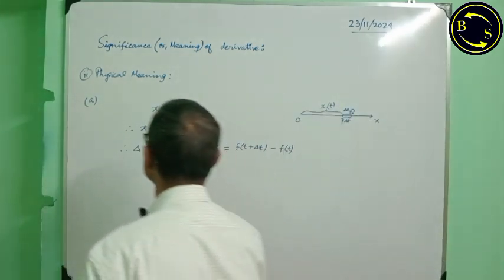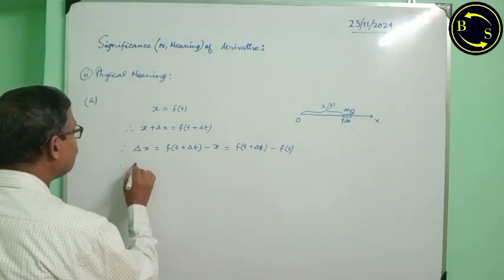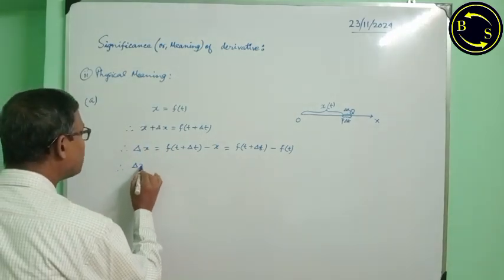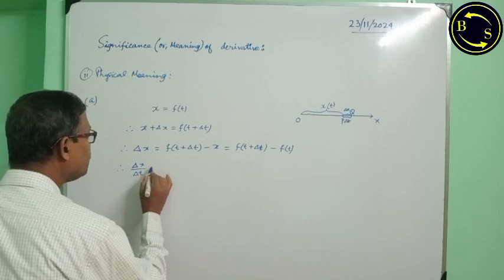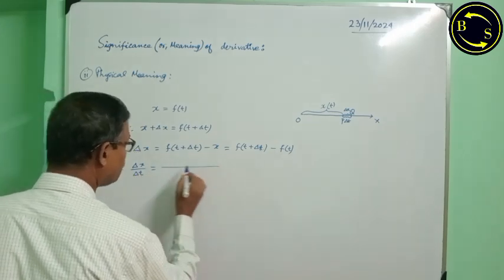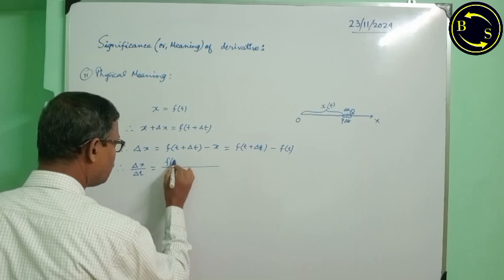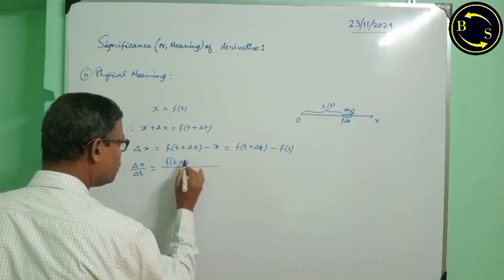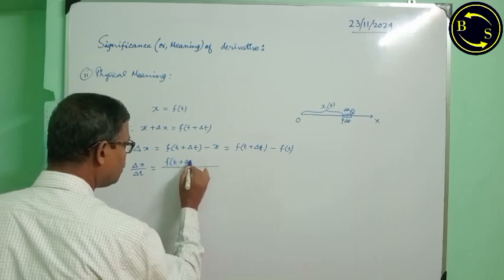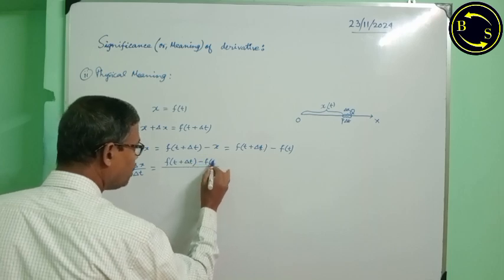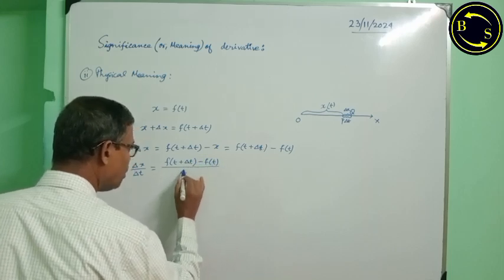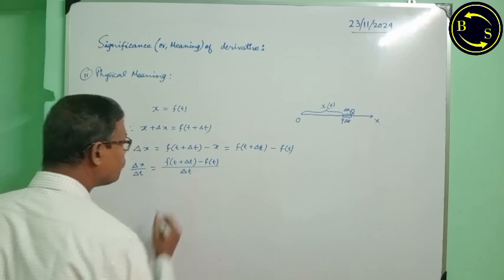Therefore, delta x by delta t is equal to f of t plus delta t minus f(t) by delta t.